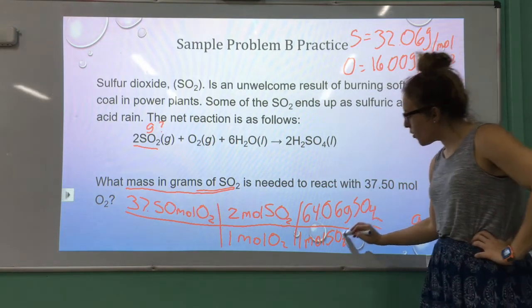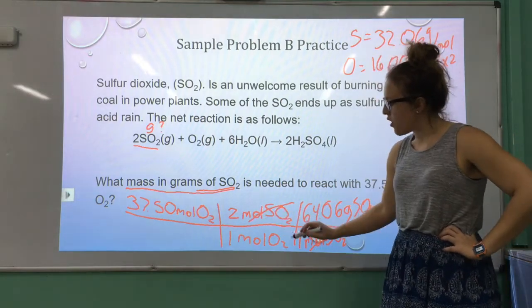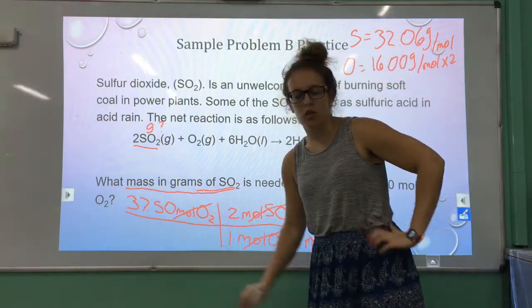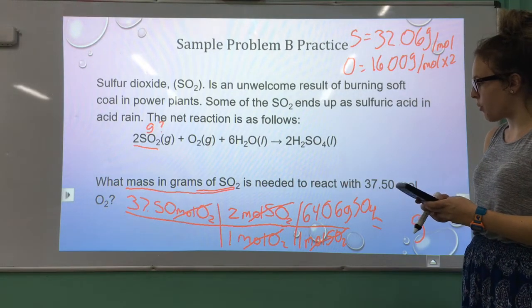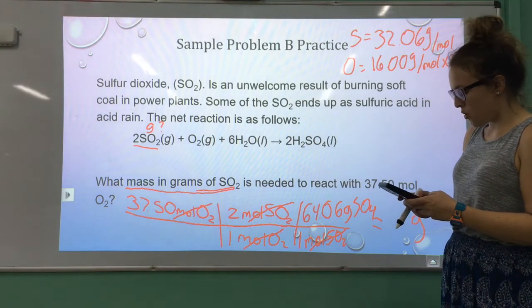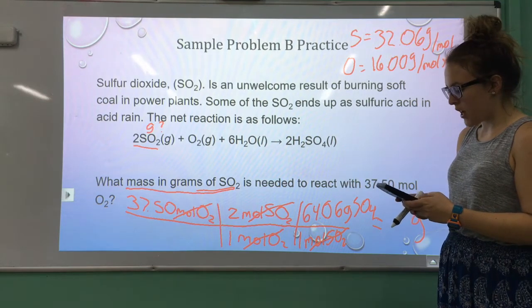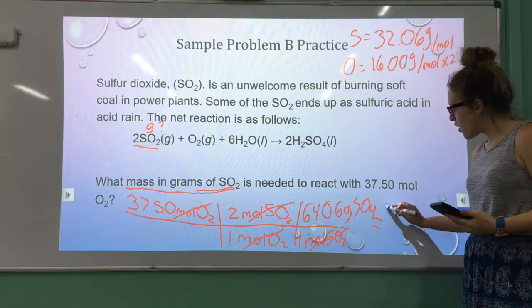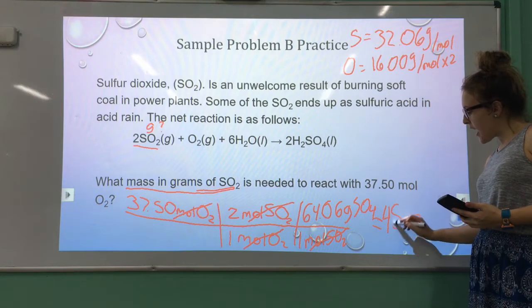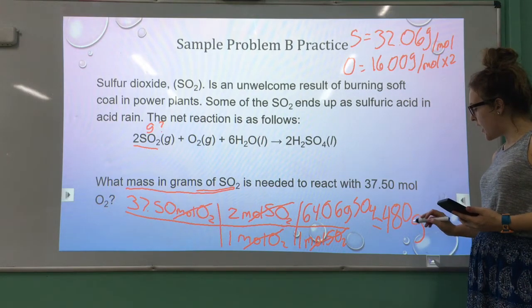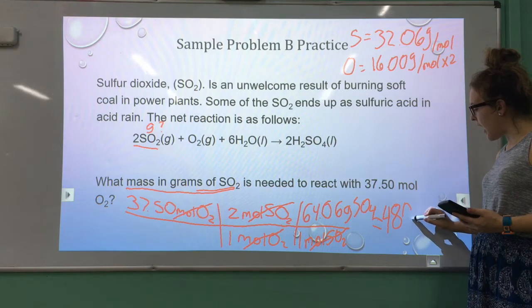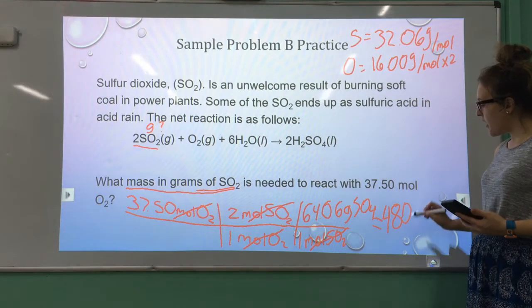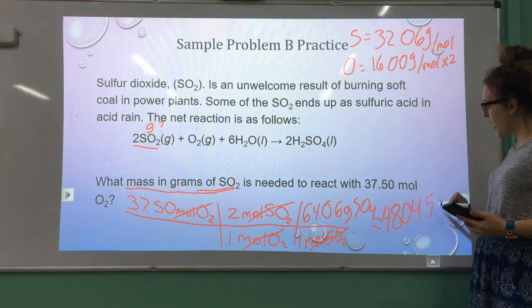So we see the moles of sulfur dioxide cancel out, the moles of oxygen cancel out, and if we type this into the calculator, 37.5 times 2 times 64.06 gives us 4,804.5 grams.